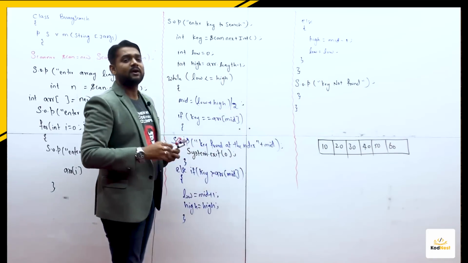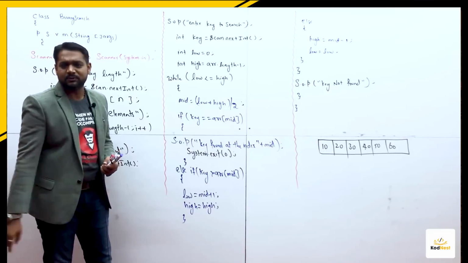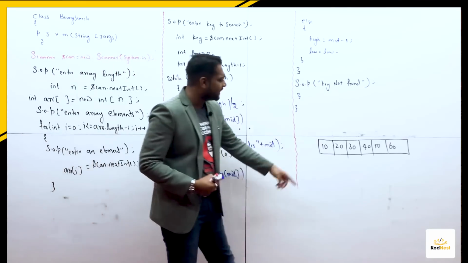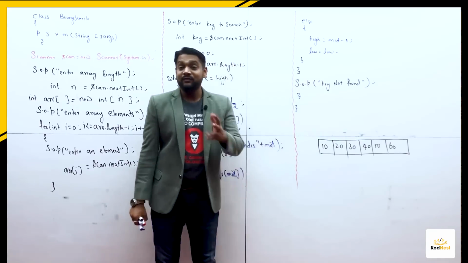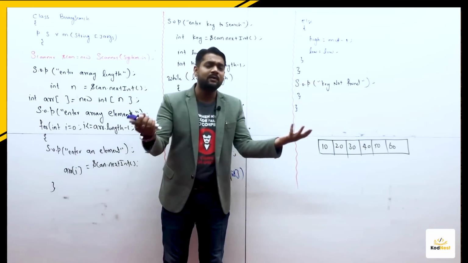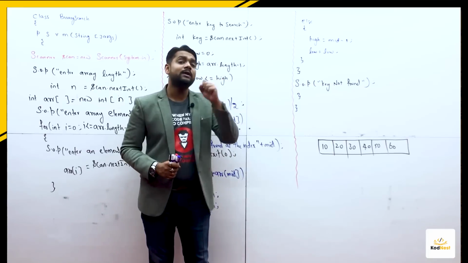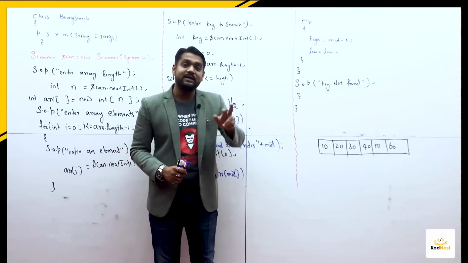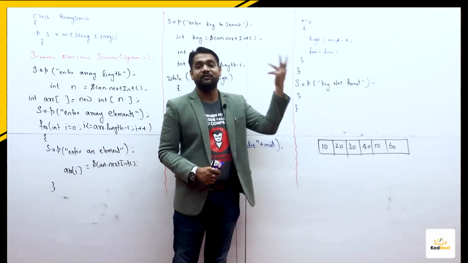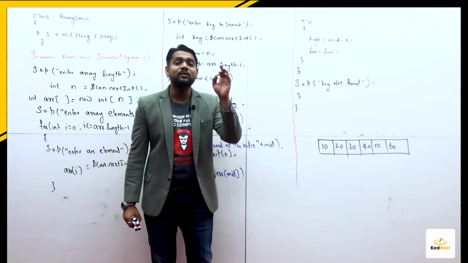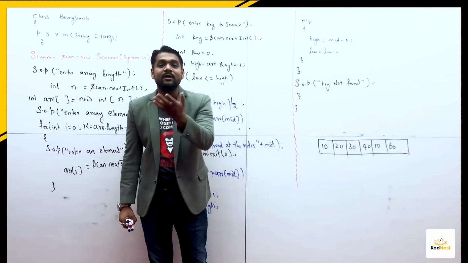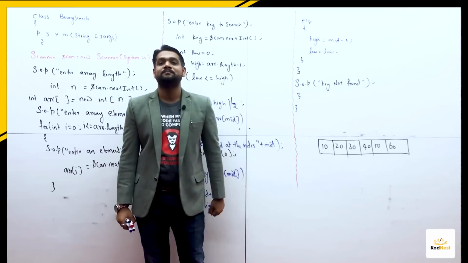If you carefully see all the cases that I have explained, always I have taken the input in the ascending order only. I have not taken it in descending order or some random order. Now what did I give as input? 30, 10, 20, 40, 50, 60. How is it in the ascending order? If you do not give the input in ascending order, your binary search will not work.